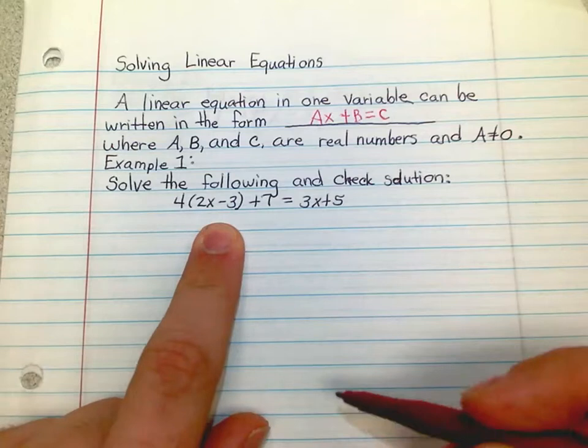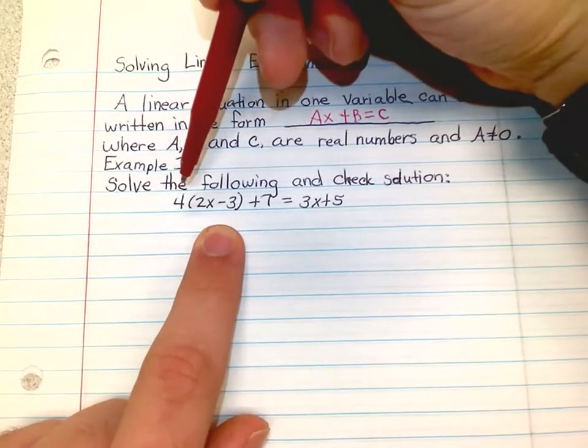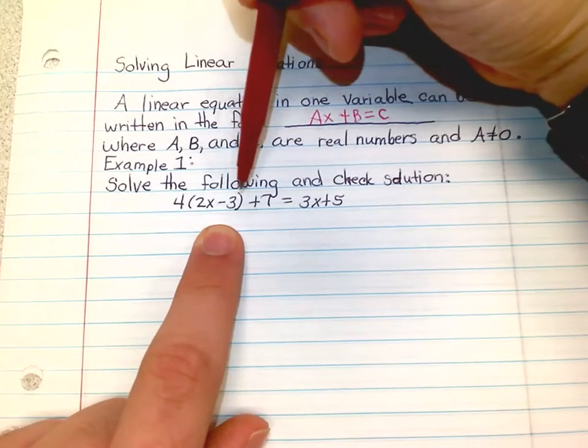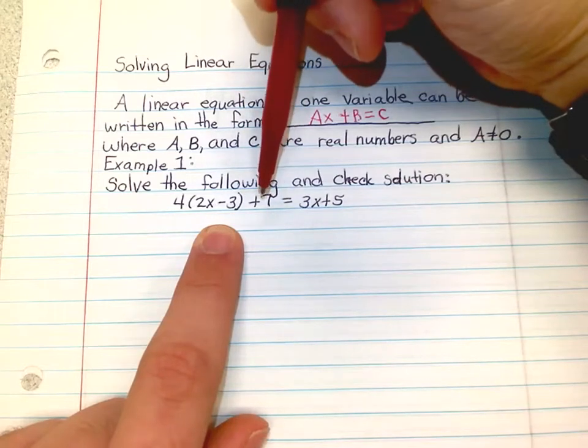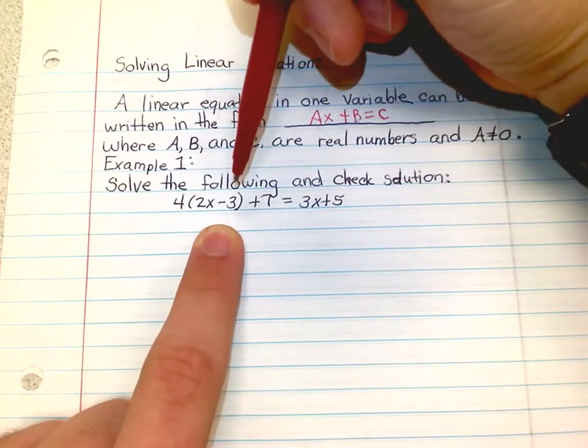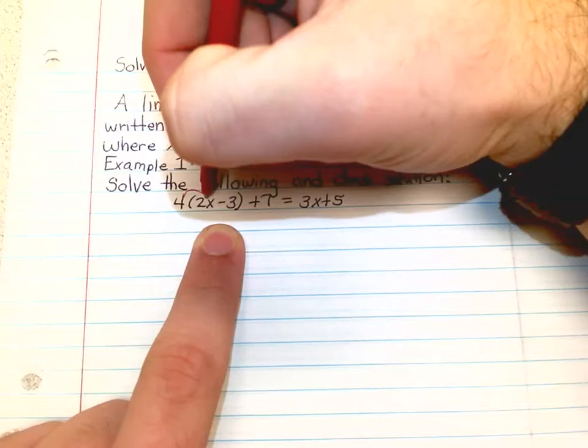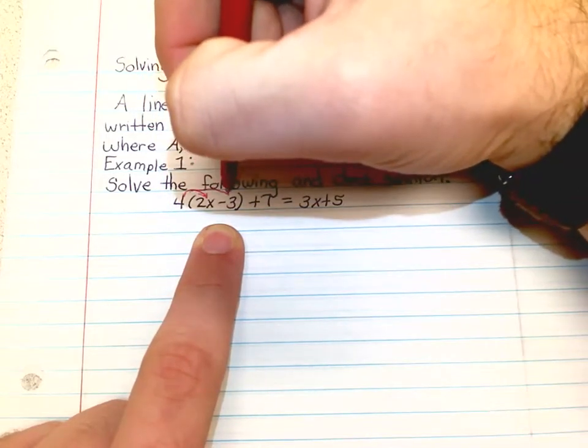So the first thing I would do is take this 4 and distribute it across everything in that parentheses. Not this 7 because it's not in the parentheses, but the 2x minus 3. So I'm going to draw little arrows to remind me to multiply inside.